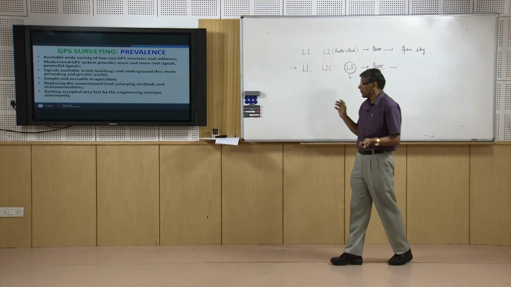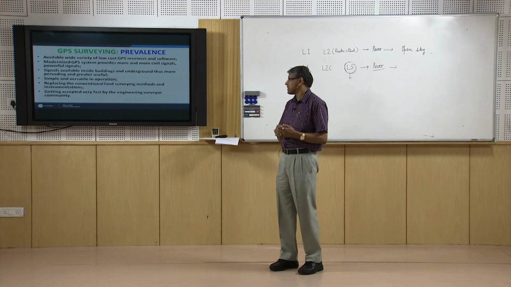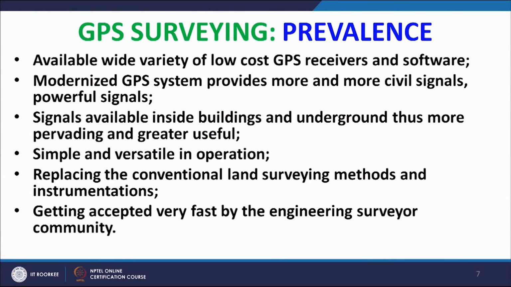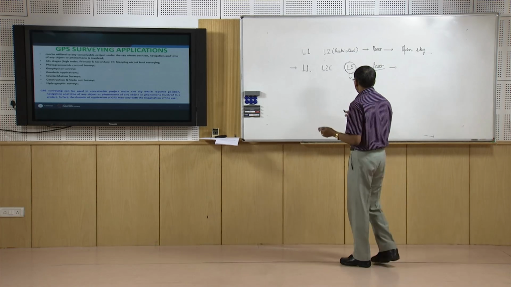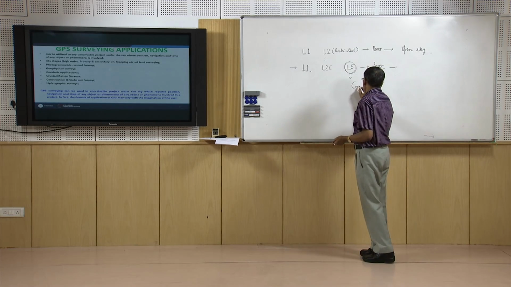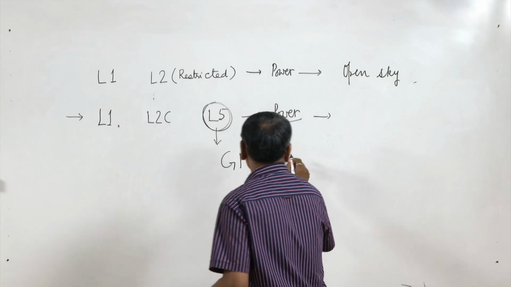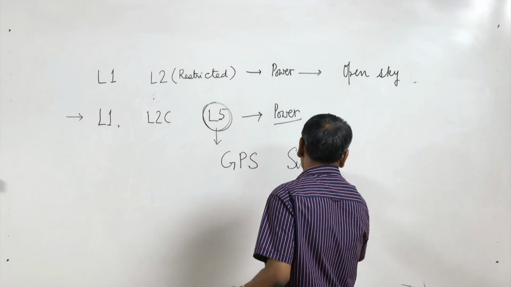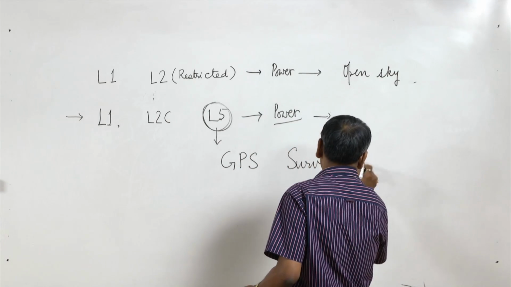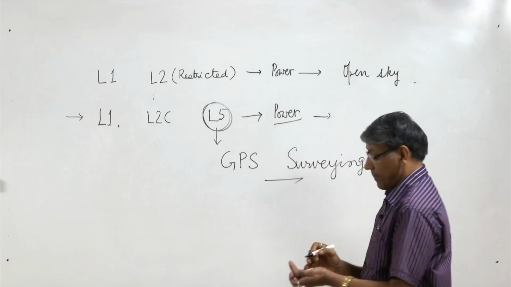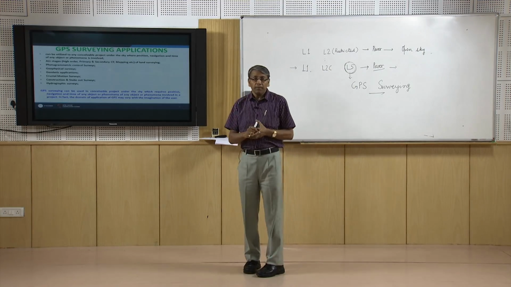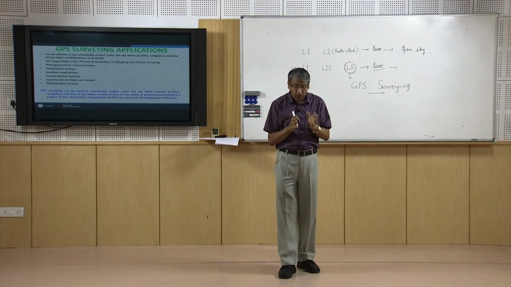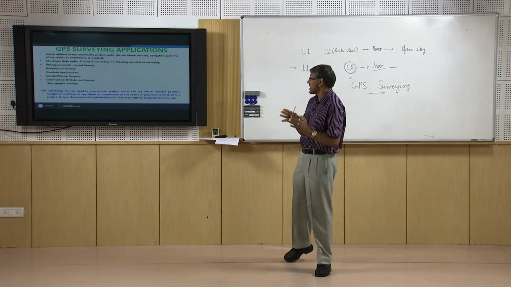Moreover, GPS is getting accepted very fast by the engineering surveyor community. As a result, GPS is being used for different types of surveying, including land surveying. It is becoming the primary instrument to make precise measurements.